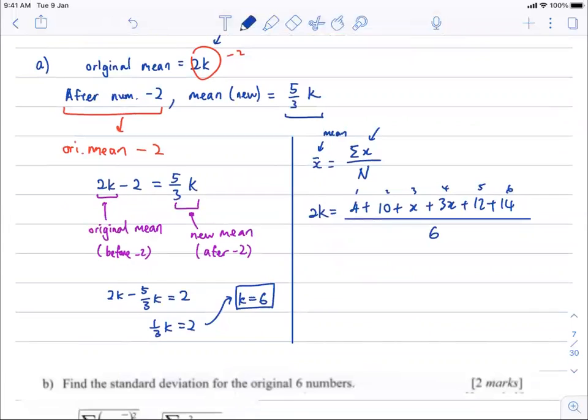So we can simplify this. We'll get 2 times k, and k is 6. And then the above part will become 40 plus 4x, and then the bottom is 6. So simplify this and type into the calculator.